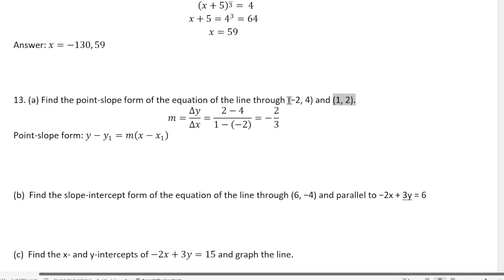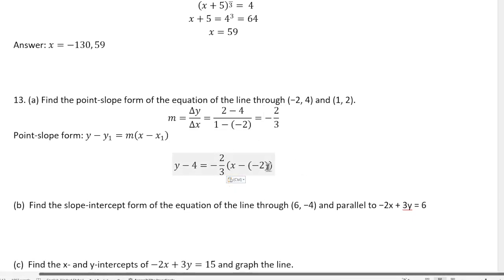So I'm just plugging in -2 for x1, and 4 is y1, so this 4 should be replacing over here. And since m is -2/3, this is what you get.